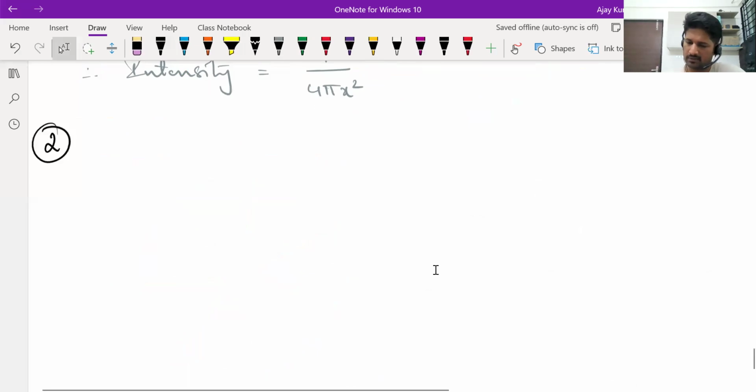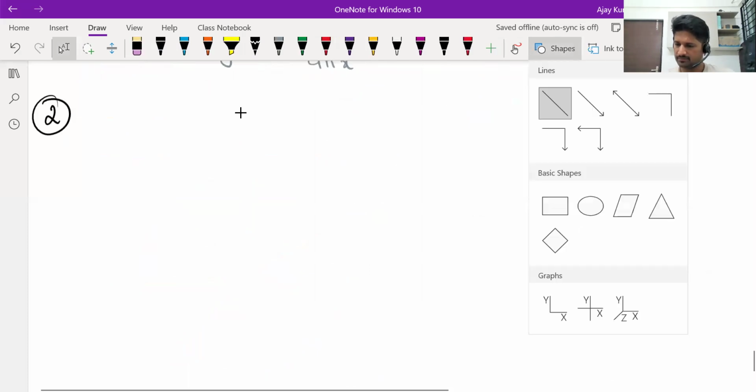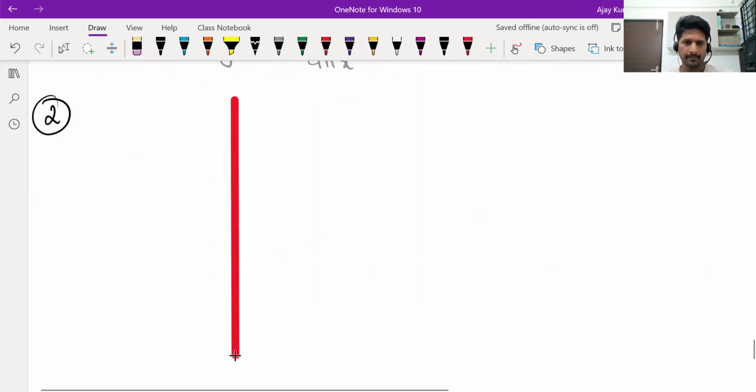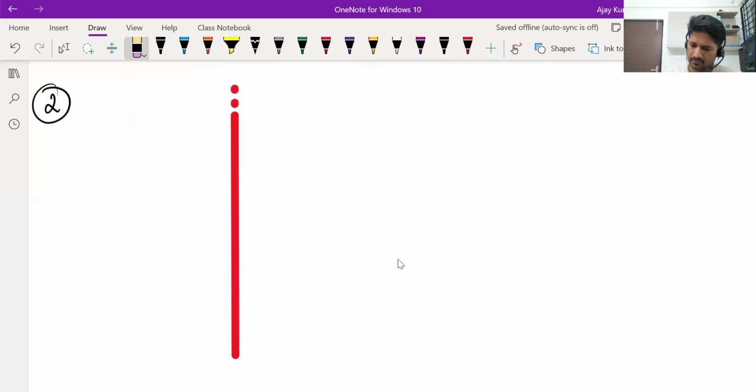Now consider another problem like this. Suppose there is an infinitely long source of light. An infinitely long linear source of light like this. Now, if it is infinitely long, the total energy emitted by it per unit time will be infinite.